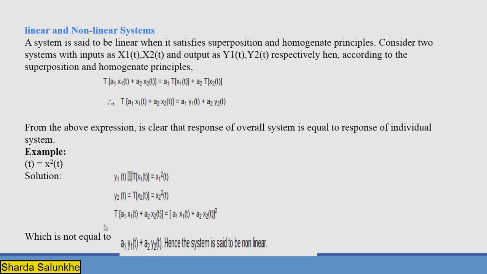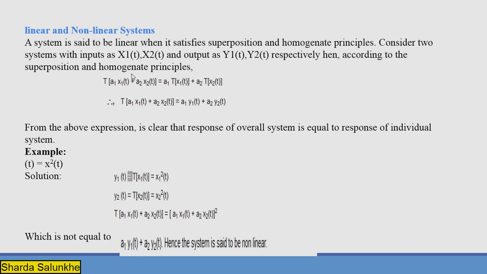First one, a system is linear or non-linear. A system is said to be linear when it satisfies the superposition or homogeneity principles. Suppose the system obeys the superposition theorem, then that system is called a linear system. Suppose we consider two systems with inputs x1 of t and x2 of t, and the outputs are y1 of t and y2 of t respectively.